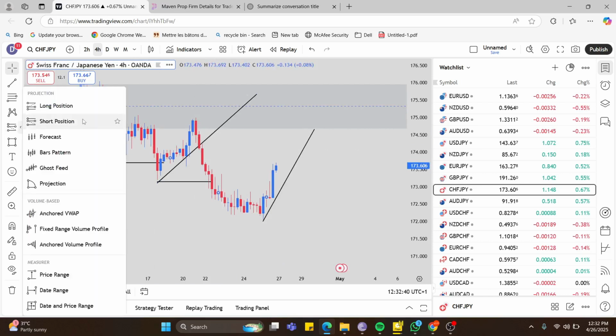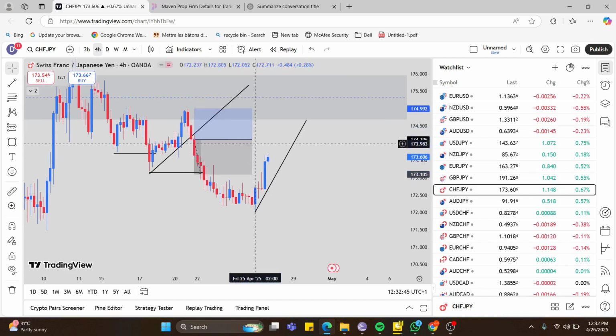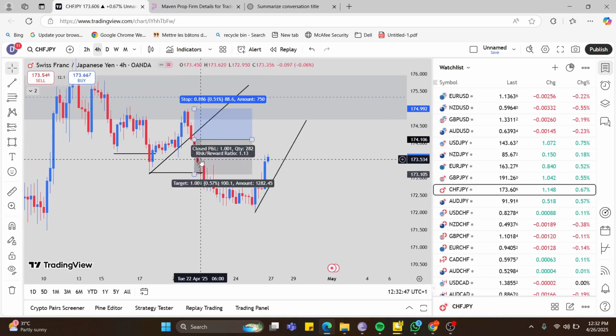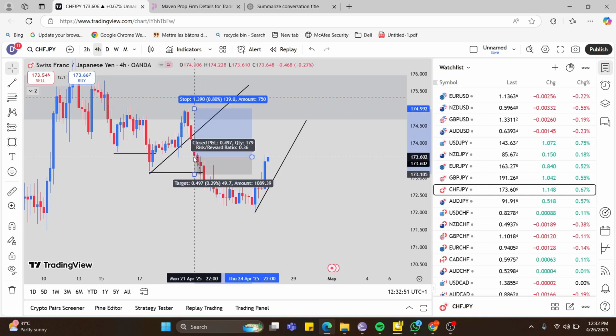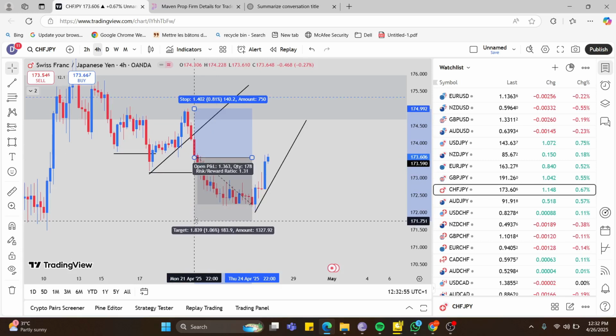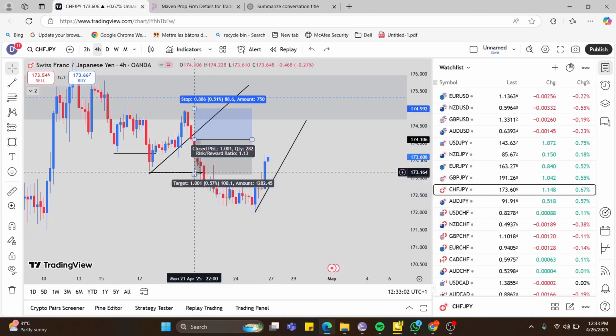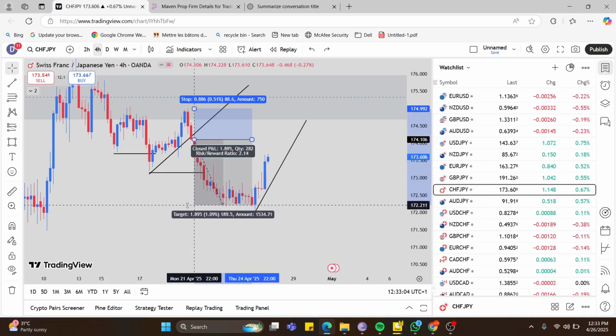Okay, this is another thing that I missed last week. I want to shoot myself in the foot. From the week before, I've been looking at this broken structure. I was waiting for a break of my counter trend line. So I waited. It happened and I saw it when this candle had already come into profit.